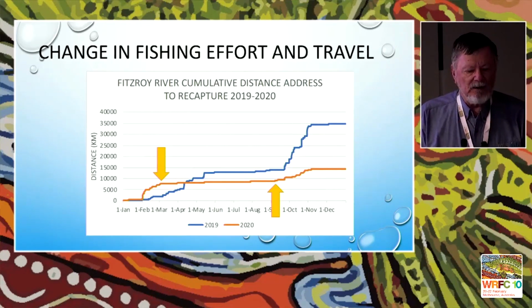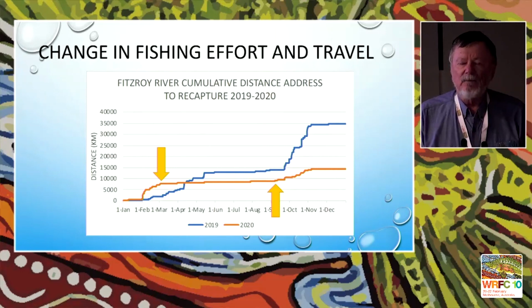So in 2019, when the season opened, the distance that people travelled there rose fairly rapidly through to when winter starts. Barramundi are pretty hard to catch during the winter months in the Fitzroy River, so you have a flat period there, and then again you see a rise towards the end of the season.